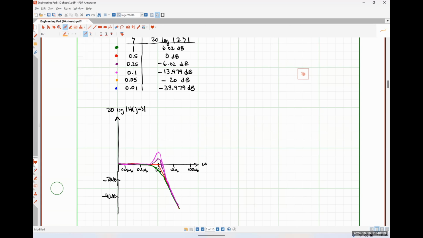For our orange one, we would be at positive 20 dB, since we're doing 1 over twice zeta. I don't know why I wrote the table like that in my notes. It would have made more sense to just do it differently. But anyway, I'll fix that for next year maybe. And lastly, here we would have 33, which would be somewhere in the ballpark of there.